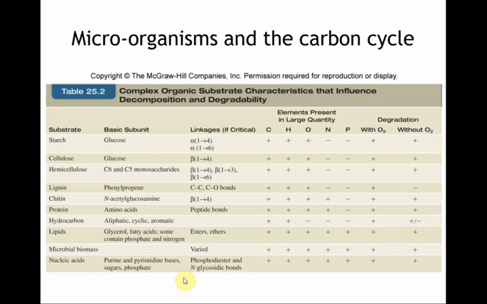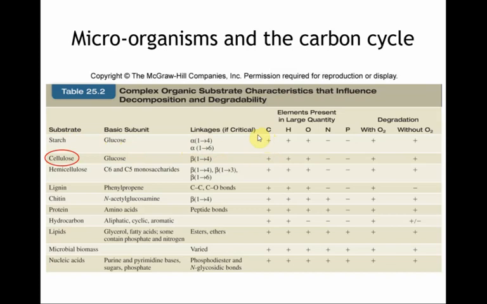Okay, so for sources of carbon that can be metabolized, pretty much every organism can metabolize starch, amidon, which is a polymer of glucose in these linkages that can be easily digested.